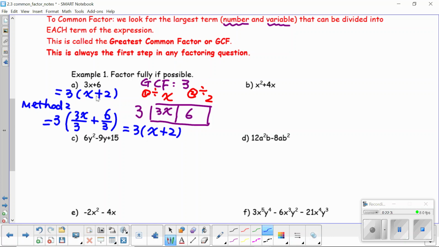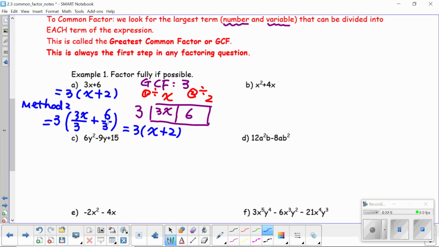Then compare this one with the box method. They are the same. Okay, so this is the first method. You draw the box, then you find the length and the width, and you have the answer. Or you could just take the greatest common factor 3 times each term divided by 3.